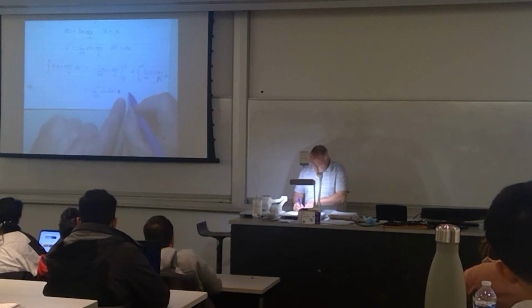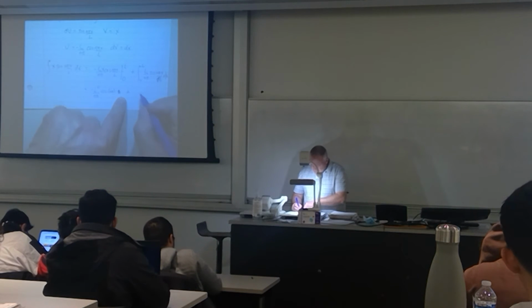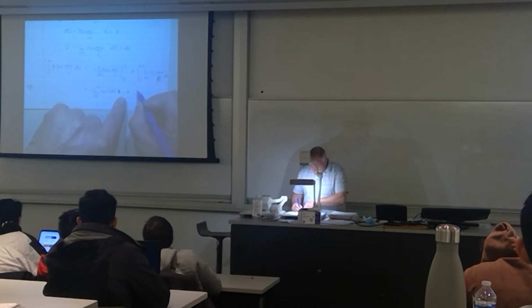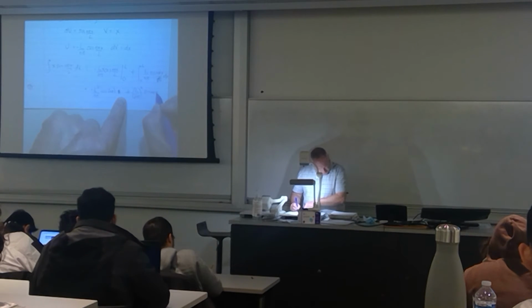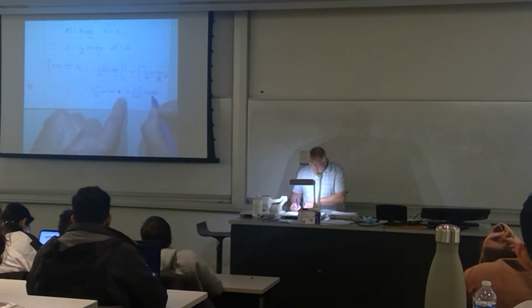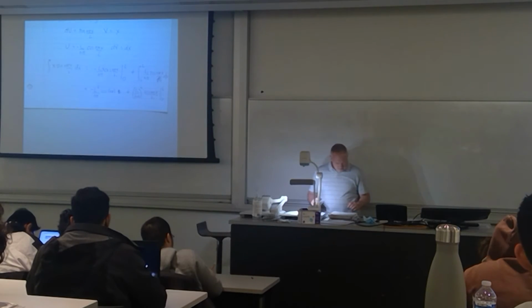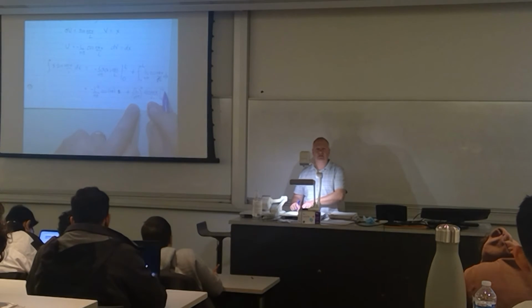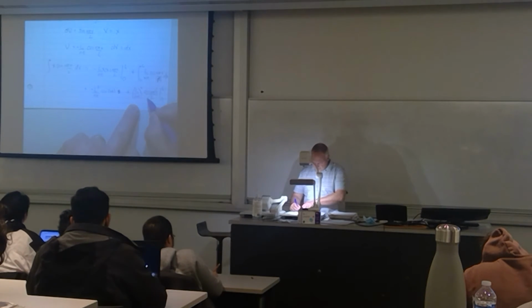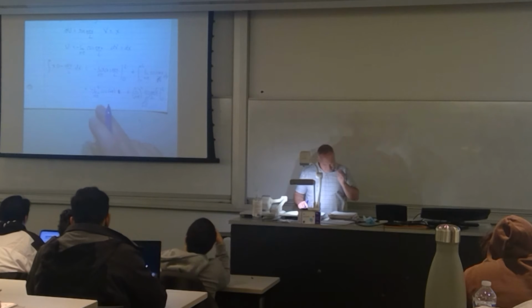And now I've got this term here, plus, and now I've got to integrate this, so this is going to be L over n pi squared times sine n pi x over L, evaluated at L and 0. Well, this term's easy. This is 0, right? So this gives us 0.